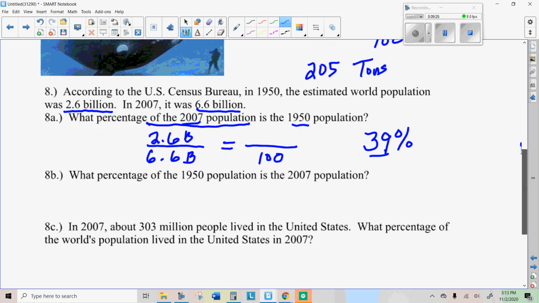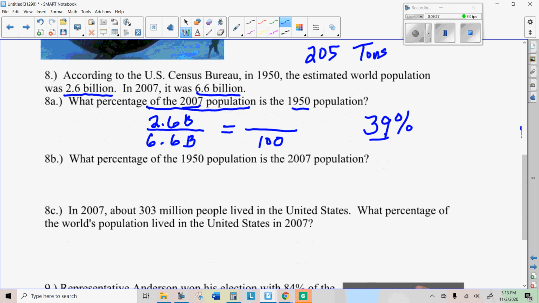Okay, so what percentage of the 1950 population is the 2007 population? So now it's out of the 1950 population. So in that one, we're going to use the 1950 as our whole and the 2007 as our part. Remember, these are in billions again. Doesn't matter because we're looking for the percent.